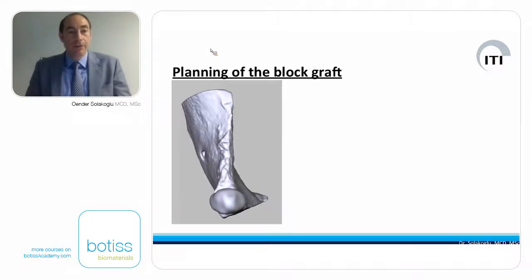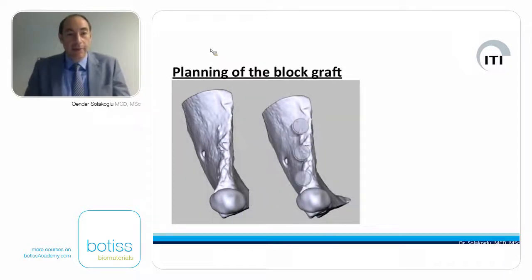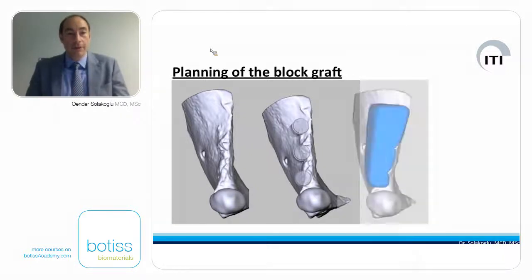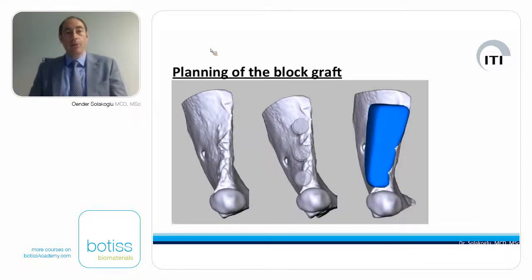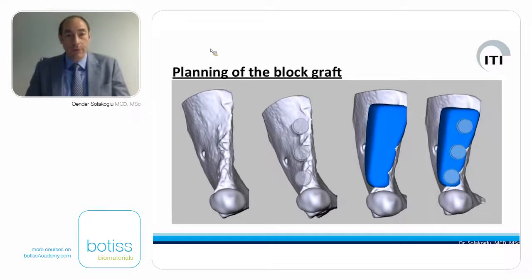And using the DICOM data from the 3-dimensional DVT analysis, we have this planning model. And on this planning model, we virtually placed the implants in an ideal prosthodontic position. And then we knew how much bone was missing, and this is basically the size of the bone graft that we wanted.